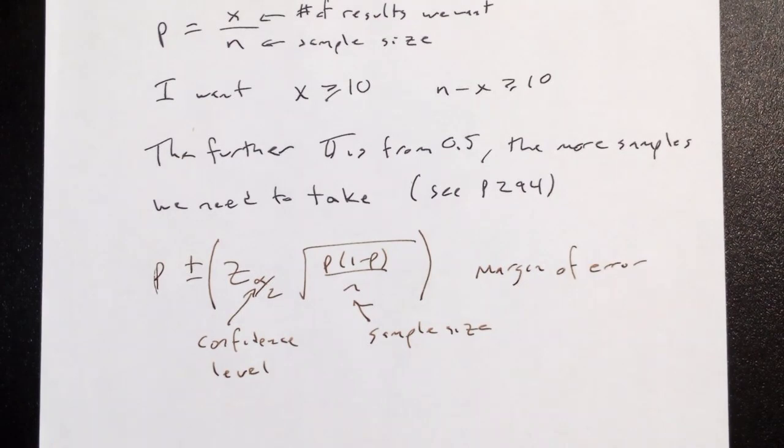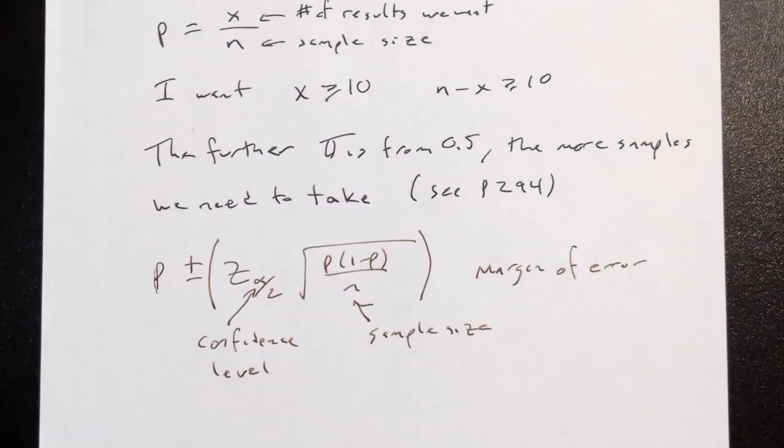Well, I either have to lose confidence to make that interval narrower by making Z smaller, or I have to up my sample size. It's almost always easier to up the sample size and keep the confidence the same.